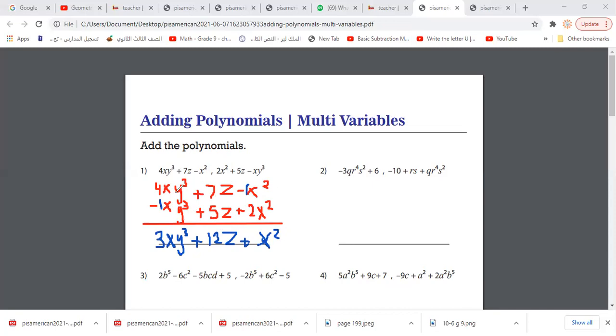You will rearrange them in columns and you will drop down only the variable. In this case, I didn't change anything. Did you see? z, x squared, right? You drop down the variable, but you are going to deal with the coefficient only. This is with adding and subtracting. Understood, grade 8? Any questions so far about this?